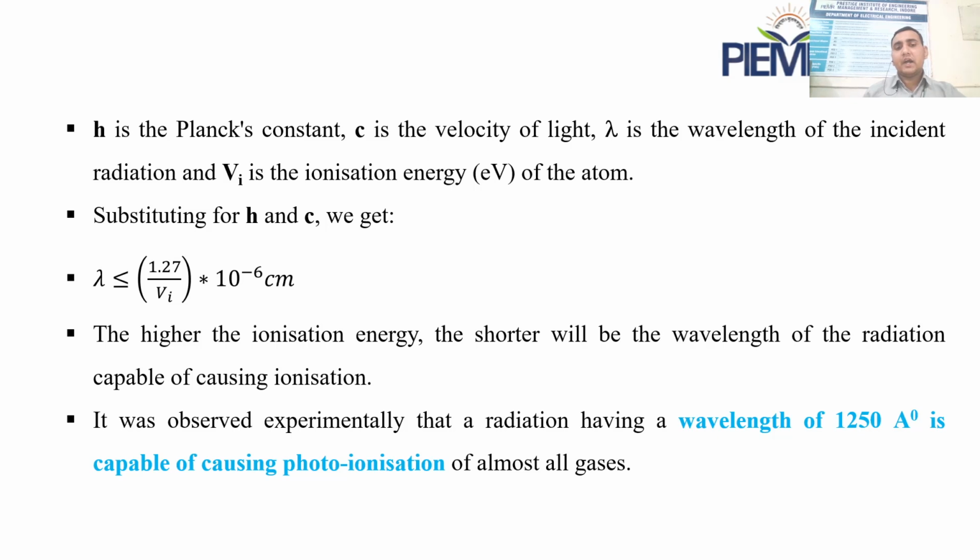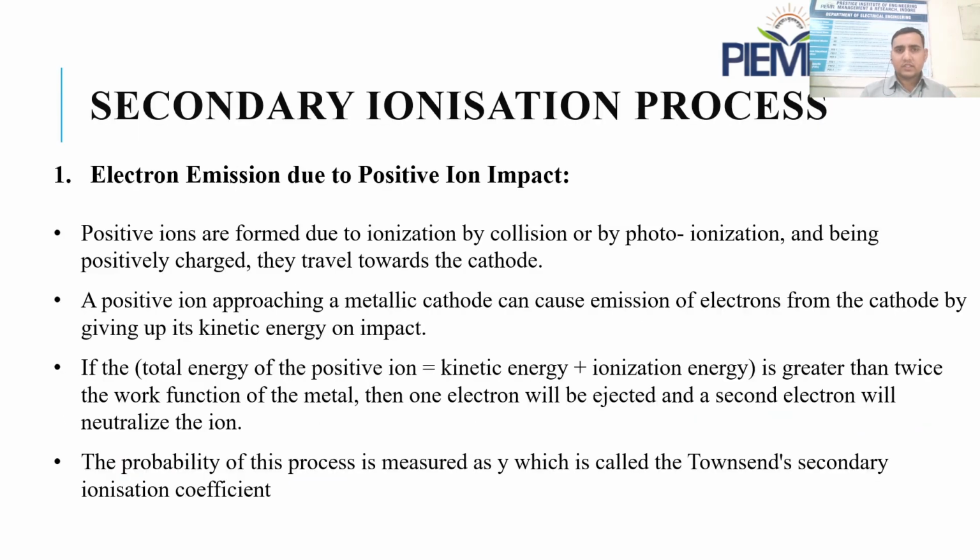So for higher ionization energy to remove the electron from its outer shell, the radiation should always have a shorter wavelength. This is compulsory, and usually we know that the wavelength is around 1250 angstrom, which holds for almost all gases.